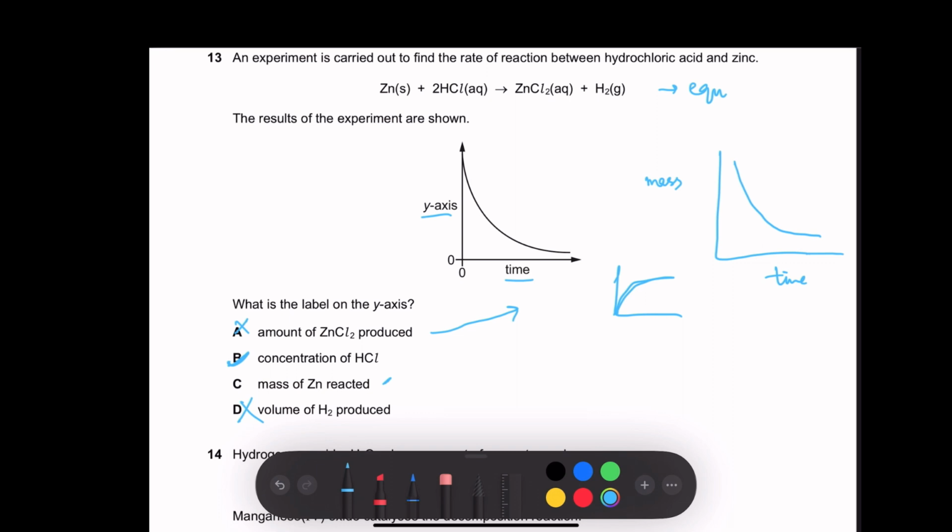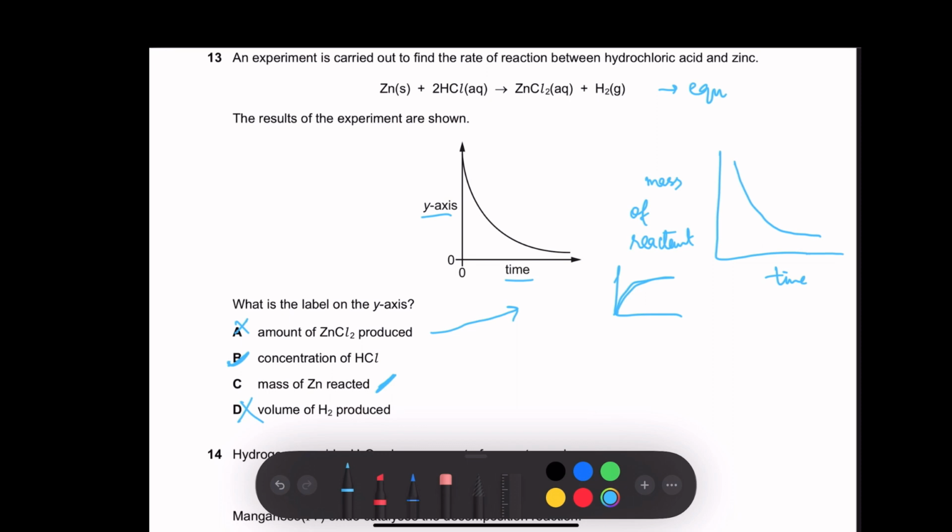This was the mass of a reactant. Mass of a reactant decreases as the reaction proceeds. They are saying mass of zinc that is reacted. So as the reaction proceeds, the mass of zinc that reacts will actually increase.